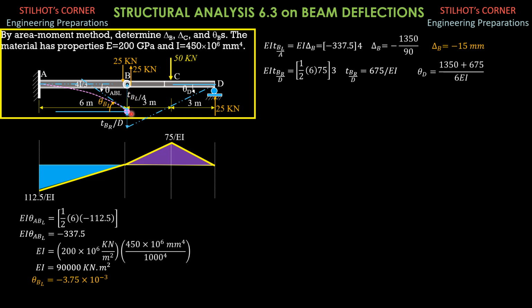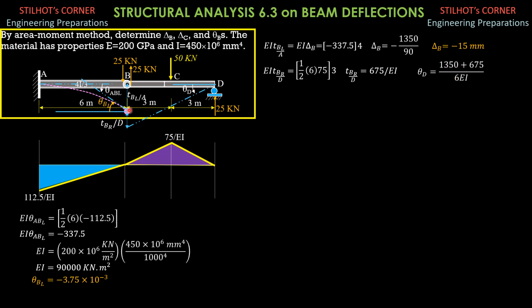So this opposite here divided by 6 is theta D. Tangent theta D is opposite over 6, but tangent theta D is equal to theta D itself, because angles or slopes in beams are very, very small that their tangent is equal to the angle itself.